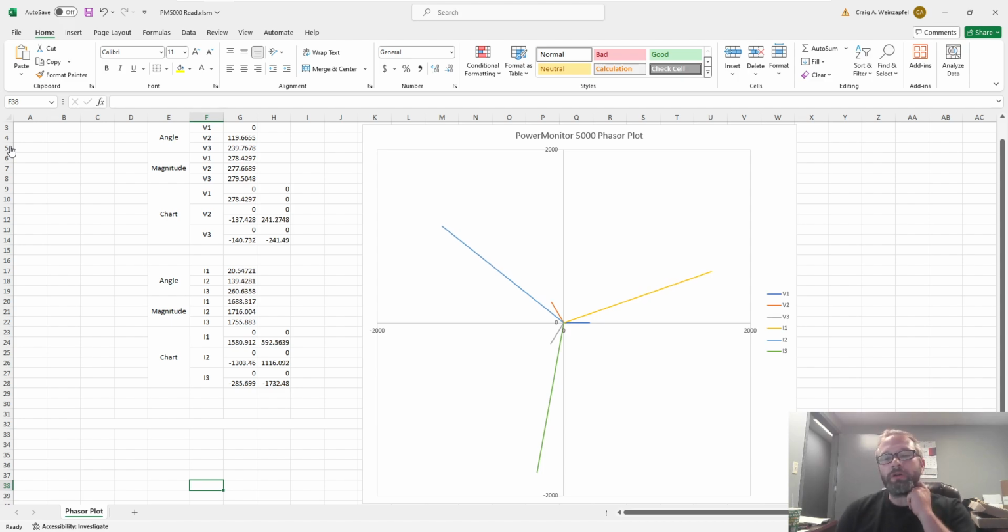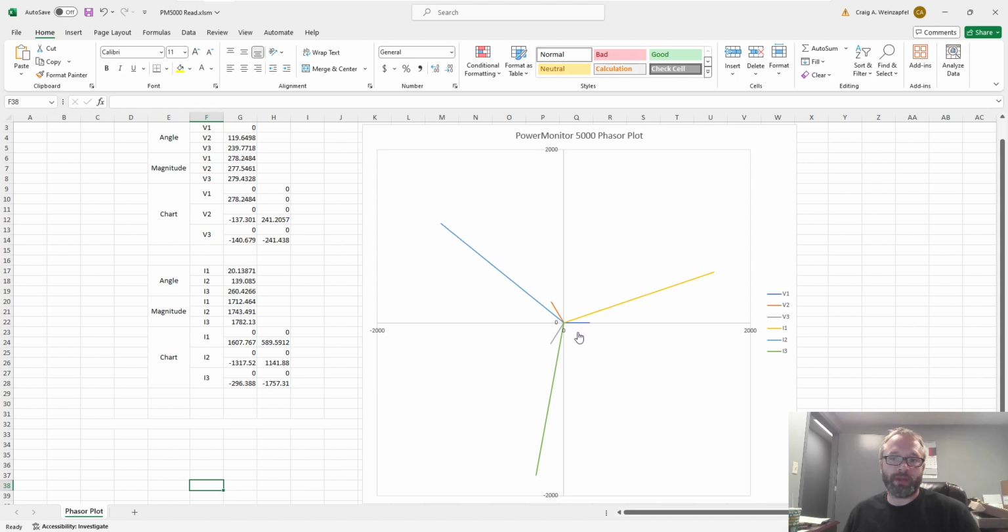But this particular plot I've made here helped us to troubleshoot an inadvertent crossing of the CTs on a service to an industrial facility, and it really gives some goofy numbers when that happens. But anyway, here is a phasor plot.